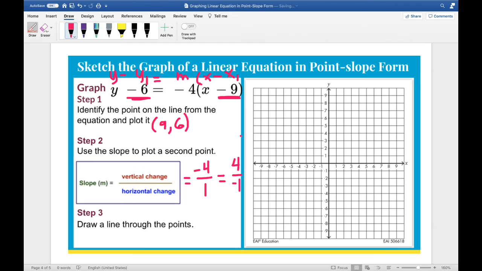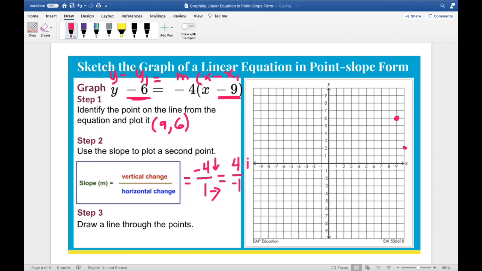The first point is 9, 6. So we go right 9 and up 6. So this is the initial point. Then the slope is negative 4. So we can go down 4 units and make a right 1 unit. So we can go down 1, 2, 3, 4 and right 1 unit.